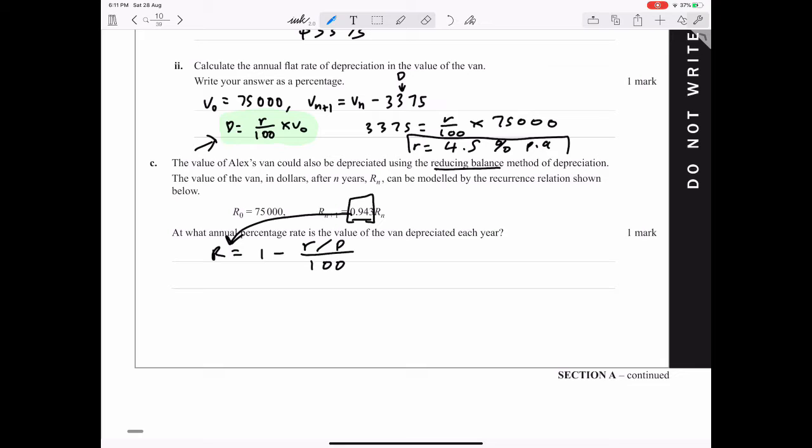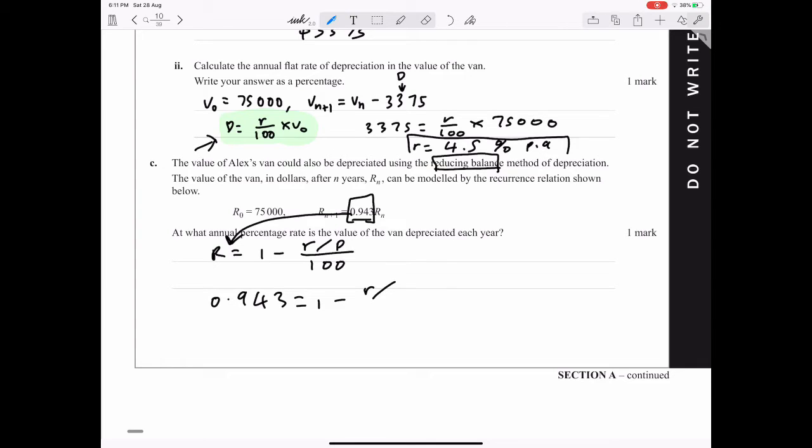So little r is the annual percentage rate of depreciation, and P is the compounding periods. So you should know that the formula for the reducing balance is 1 minus little r on P over 100. So therefore, if we solve for little r, which is the annual rate of depreciation, 0.943 equals 1 minus little r on P, compounding periods.